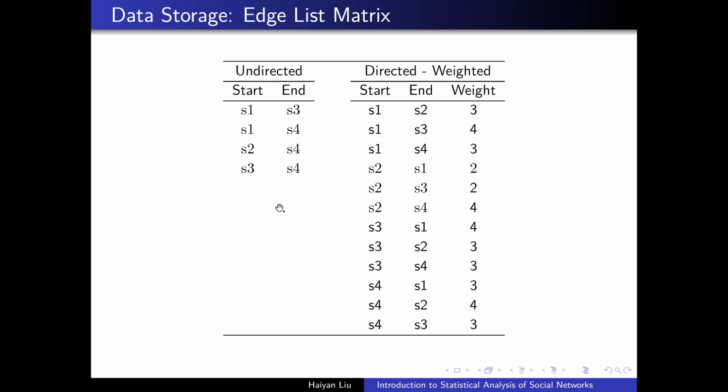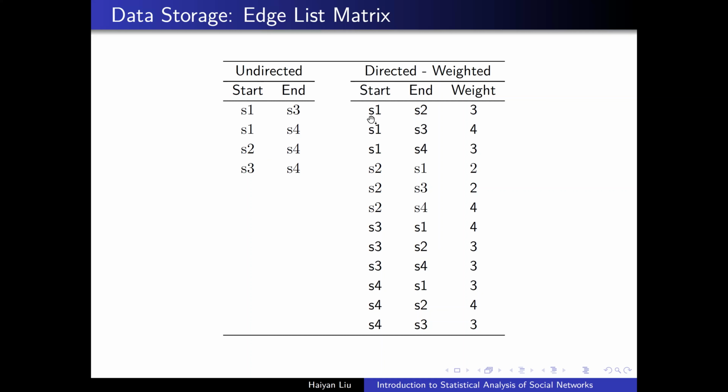So in this example, it indicates that there is a connection from node 1 to node 3, a connection from node 1 to node 4, and a connection from node 2 to node 4. Basically, we include all those dyads with connections. We put in every pair of nodes that has a connection between them.